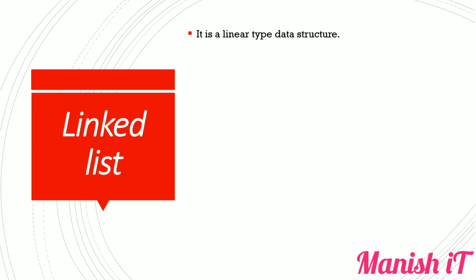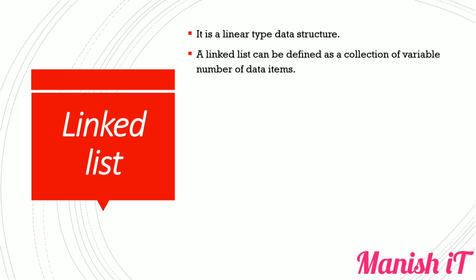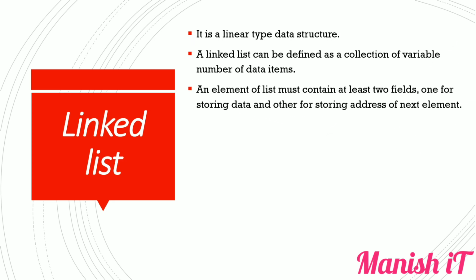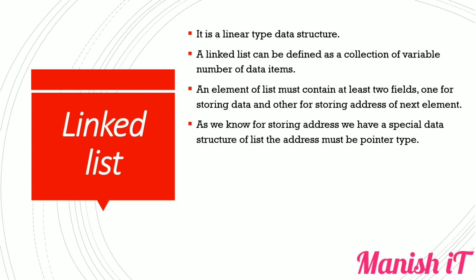Second, a linked list can be defined as a collection of a variable number of data items. Next, an element of the list must contain at least two fields, one for storing data and another for storing the address of the next element.